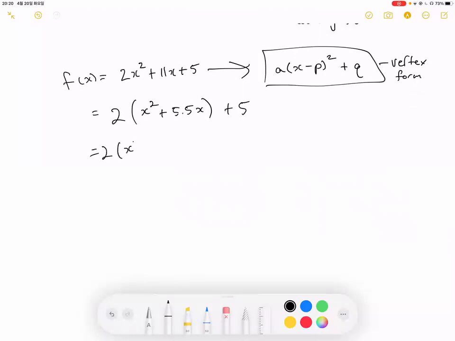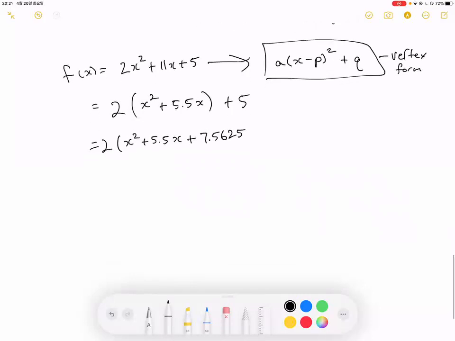2 times x squared plus 5.5x. And remember how I said divide this by 2. So 5.5 divided by 2, I'm just doing it in the calculator at the same time. So that's 2.75, and then find the square root of that, and that is equal to 7.5625.